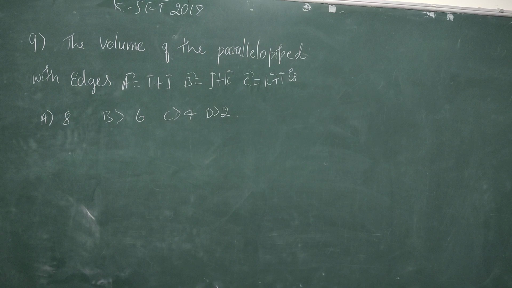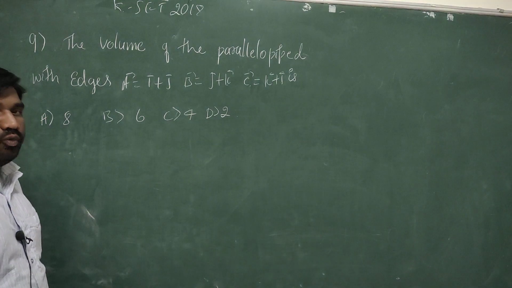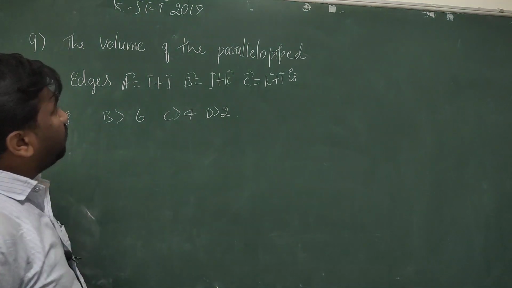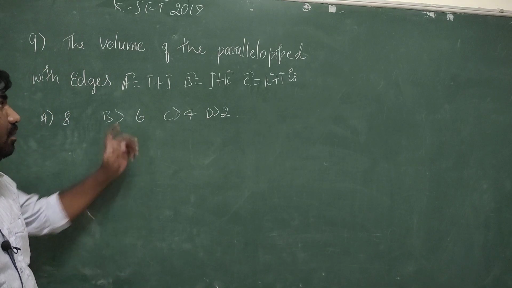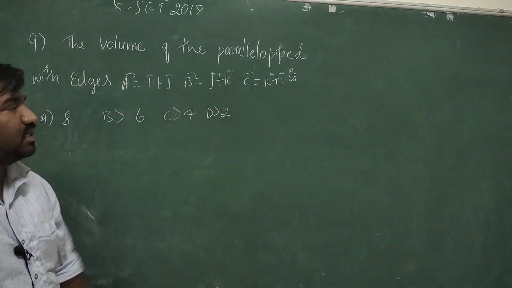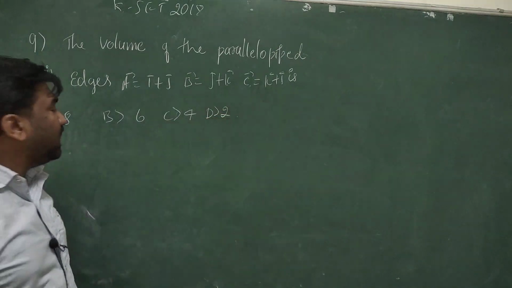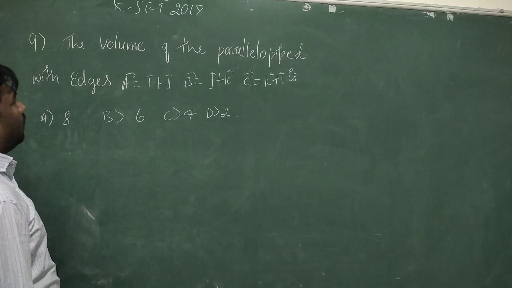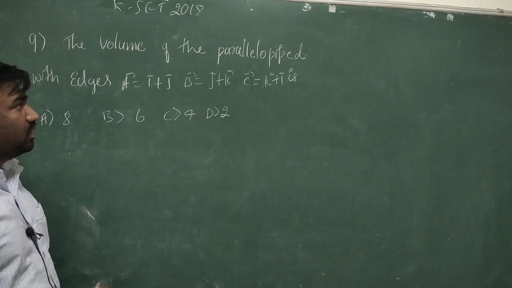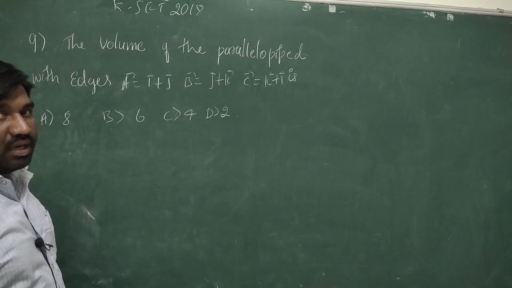So this is question number 9, based on vector calculus. The volume of the parallelepiped with edges A is equal to I plus J, B is equal to J plus K, and C is equal to K plus I. So we have to calculate the volume of the parallelepiped of the edges of a given three-dimensional figure.